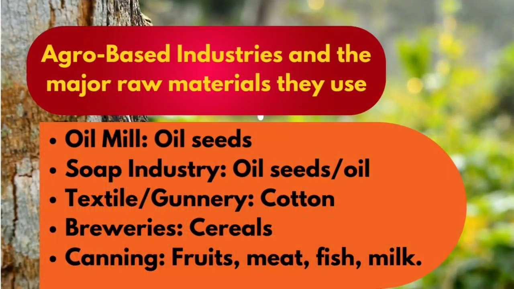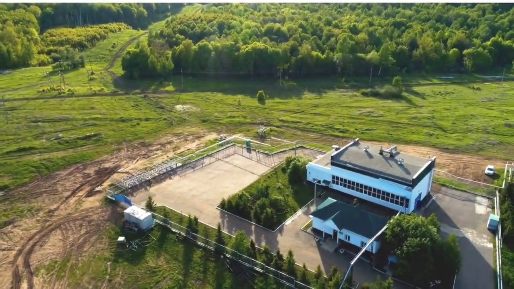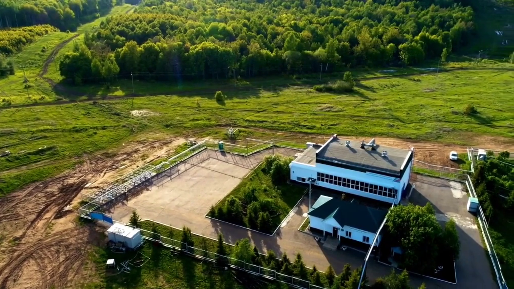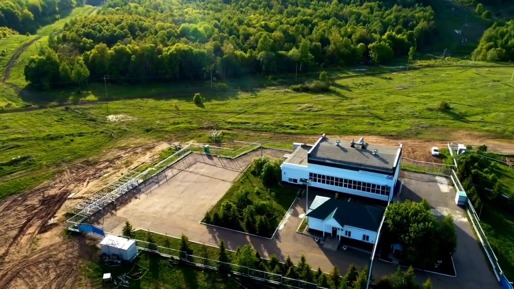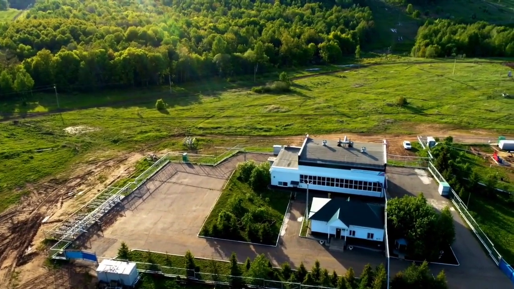Now, the oil seeds that we have, like groundnut, soybean, and even melon, are usually used for the production of oil with different processes, like the extraction process, which is used to remove the oils from the seeds.